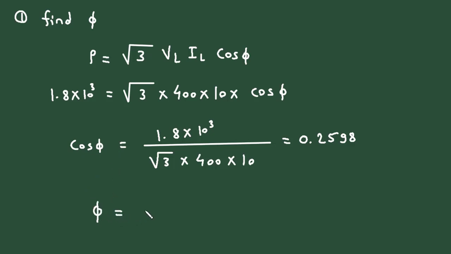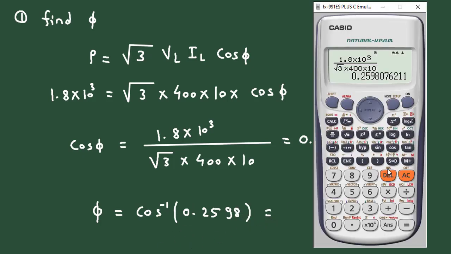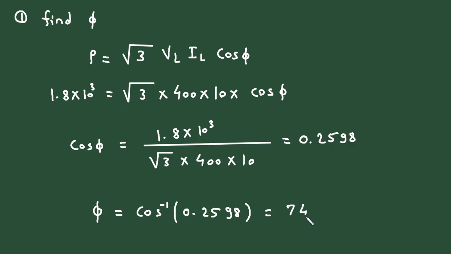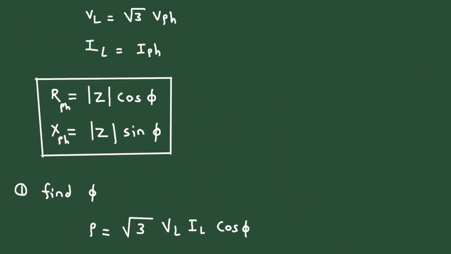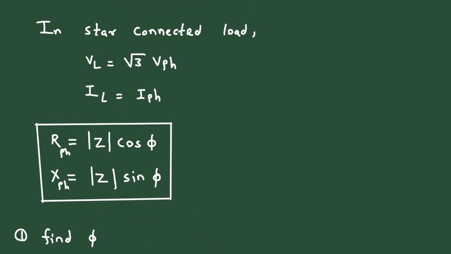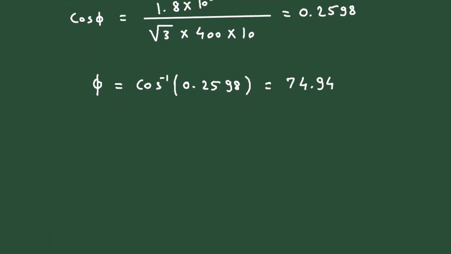So phi is equal to cos inverse of 0.2598. If we solve this, the answer is 74.94. So 74.94 degree is the value of phi. Now we got the value of phi. Now let's find the value of Z.